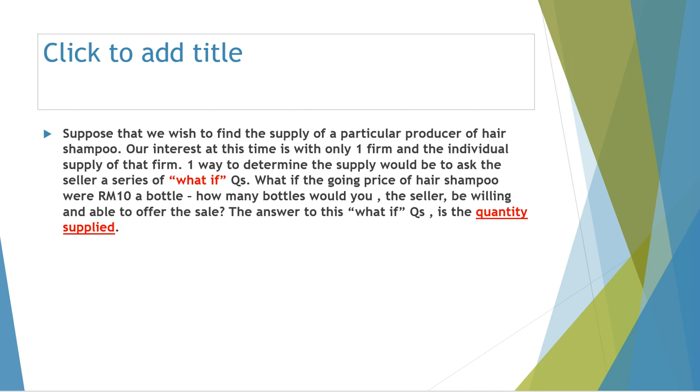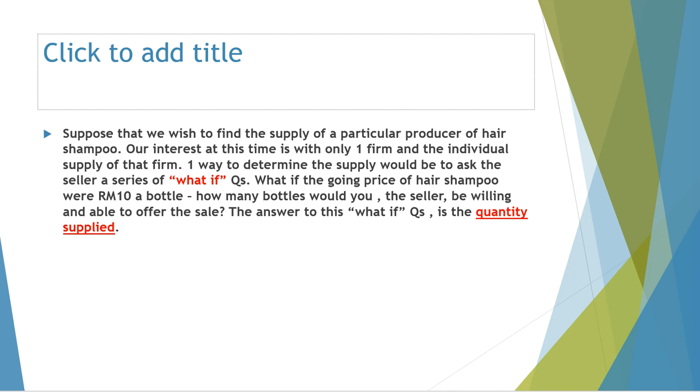So our interest at this time is only with one firm and the individual supply of that firm. Hanya kita cuma nak satu firm sahaja dan individual supply daripada firm tersebut. Itu je lah. One way to determine the supply would be to ask the seller a series of what if questions.